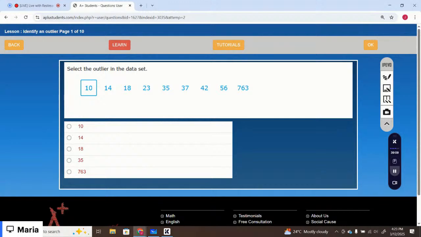Select the outlier in the dataset, so which is the correct option? That is 763. The last option is the correct option. That is the outlier.